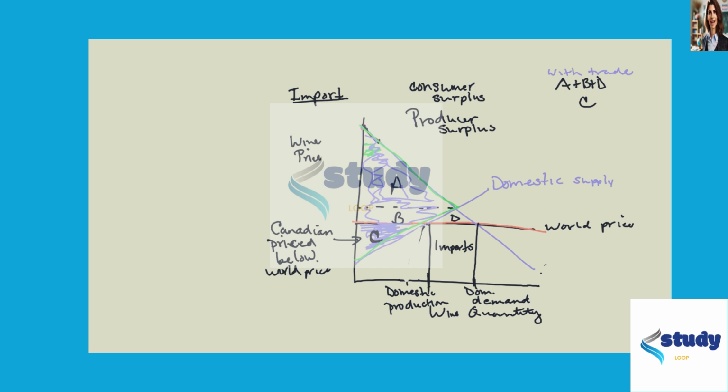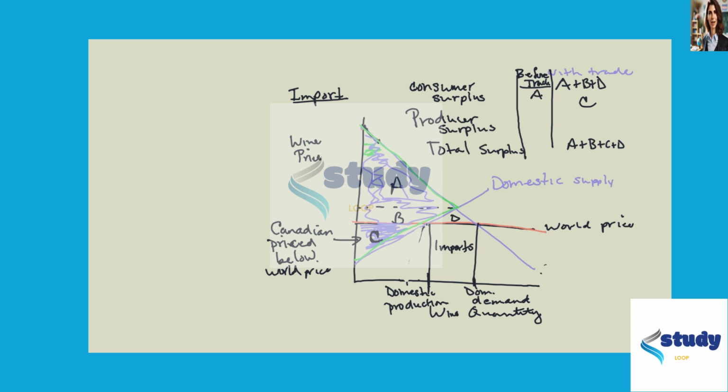Our total surplus is going to be all regions A plus B plus C plus D. So this is with trade, and to complete the table, we should also include before trade. So before trade, our consumer surplus will be region A only.